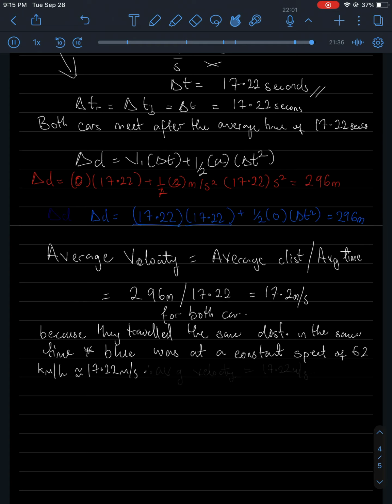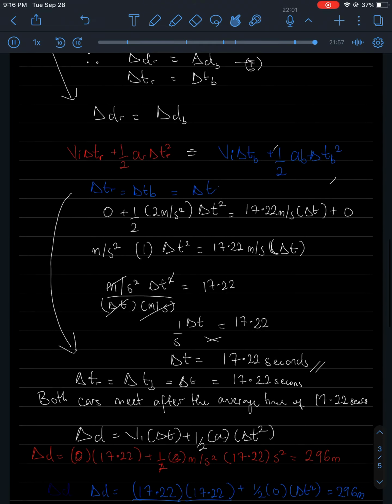And if it was at a constant speed, it means its average velocity should also be equal to 17.22 meters per second. And our plot of distance versus time is this.